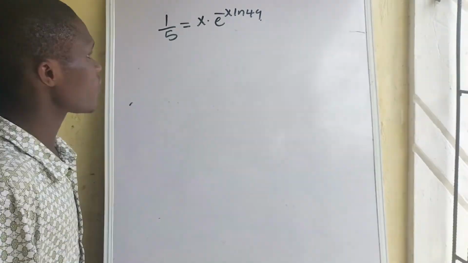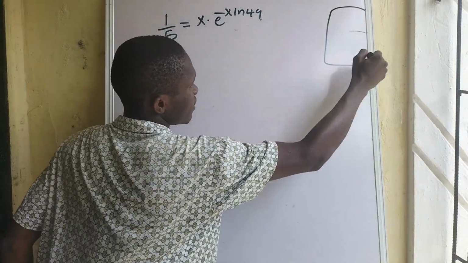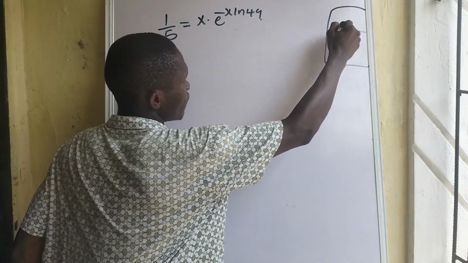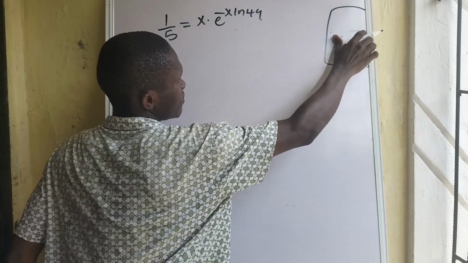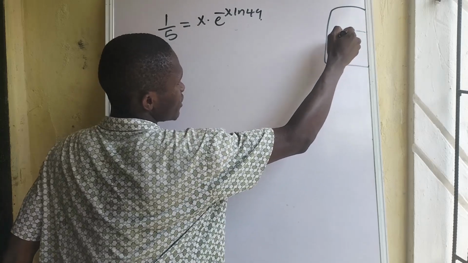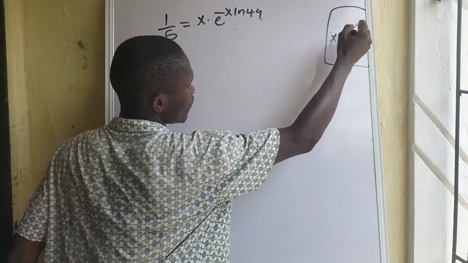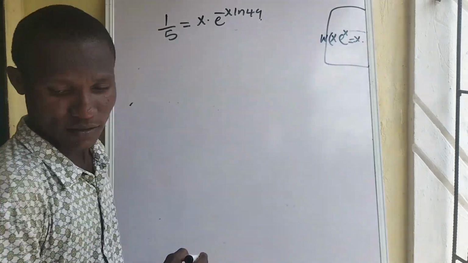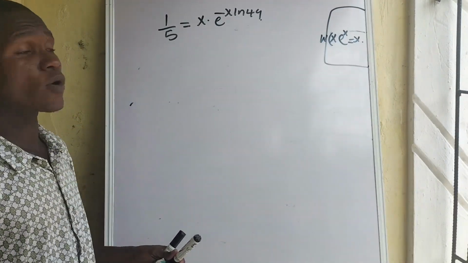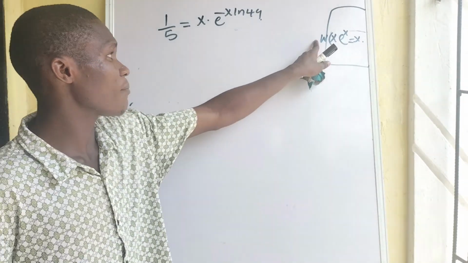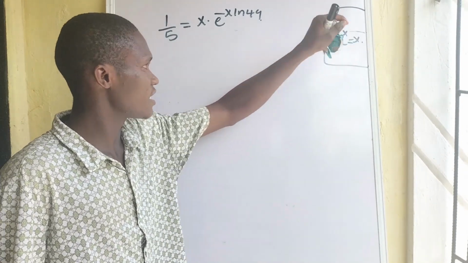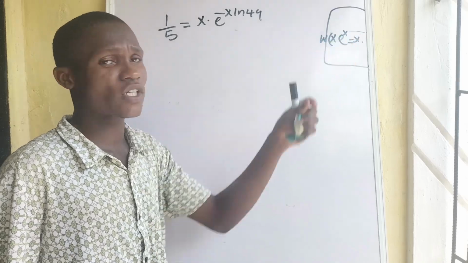The Lambert W function says that if you have x exponential x and you apply the Lambert W function, it is going to give us x.